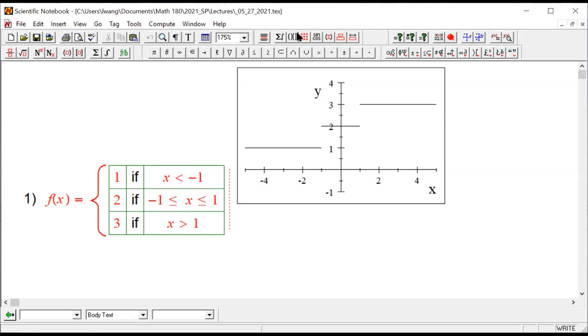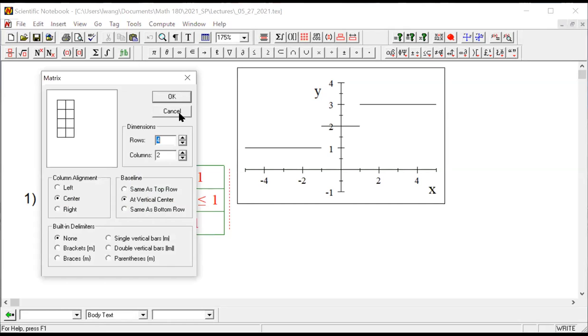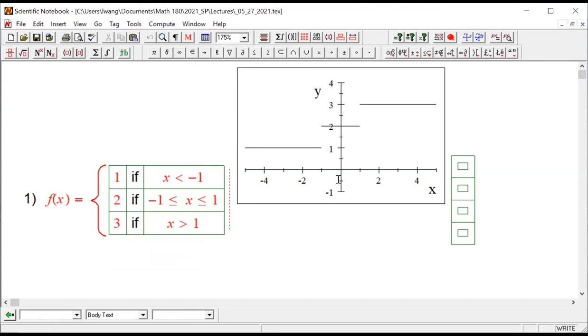In order to answer those questions, we need to be able to tell these values. For example, at f of -1, what is the value? At x equals +1, what should be the value?